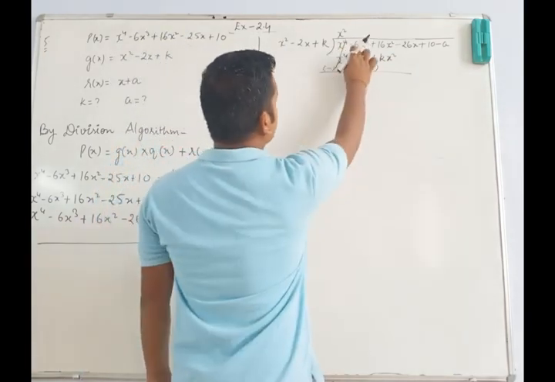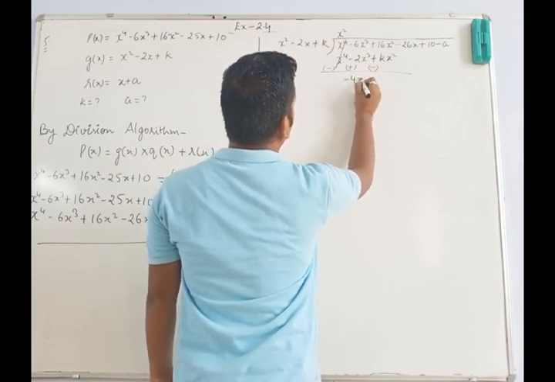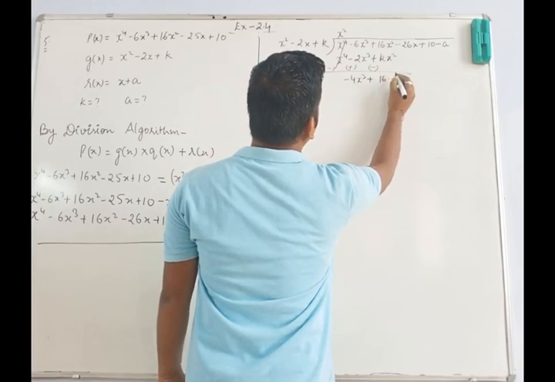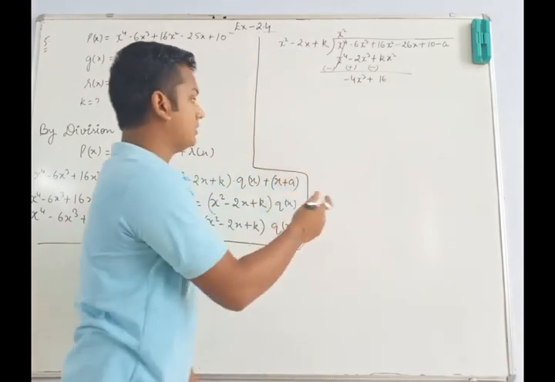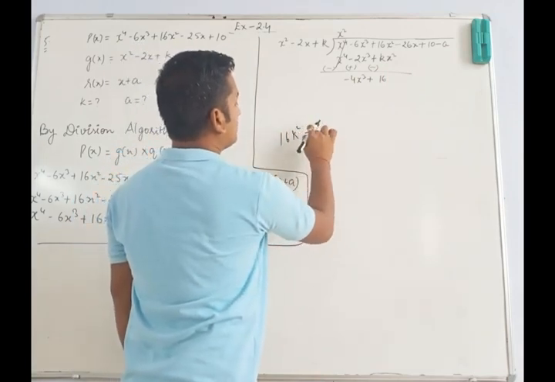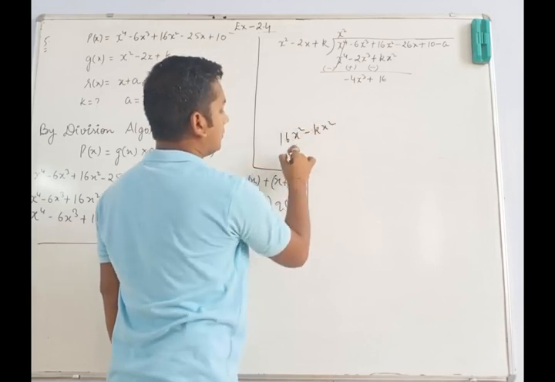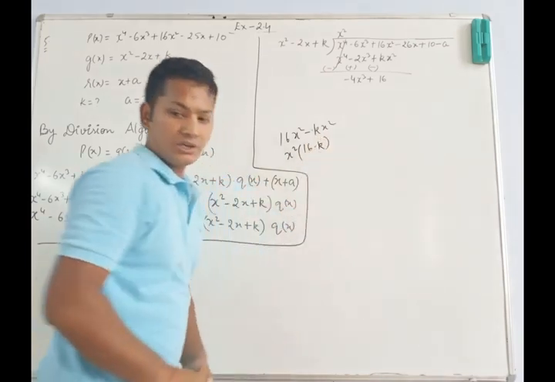This is a minus, this is a plus. What will it give you? It will give you minus 4x cube plus 16x square minus kx square. So x square we can take as common, and we will get 16 minus k in the bracket.